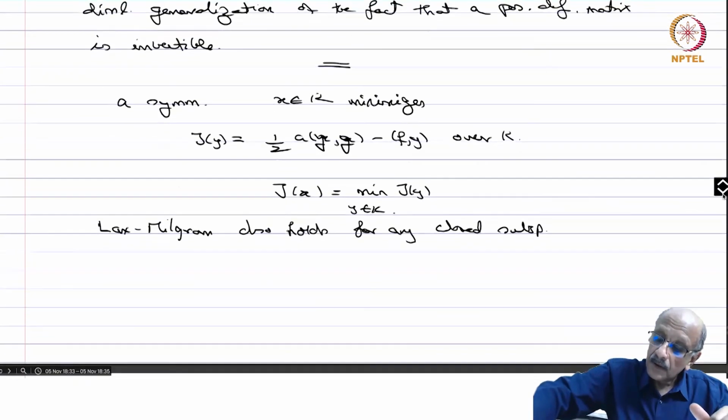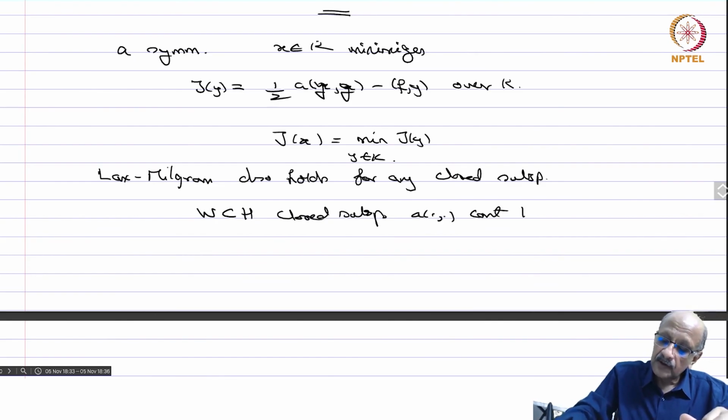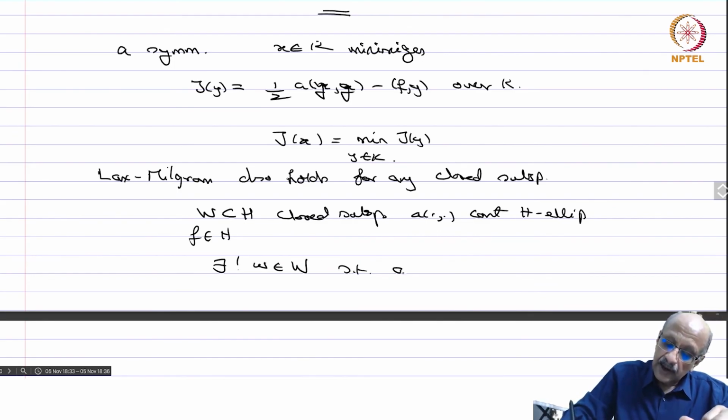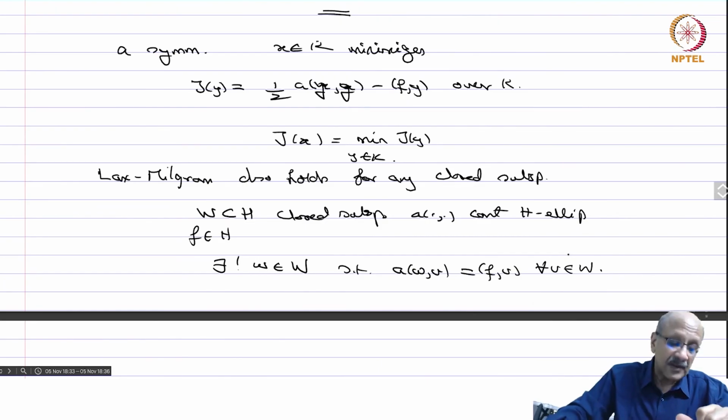That means if W contained in H is a closed subspace and A is continuous and H elliptic, and F is in H, then there exists a unique w in W such that a(w, v) equals f(v) for every v in W. Okay, so this can also be very easy to prove. Again, it's exactly the same proof which I used for the Lax-Milgram lemma.